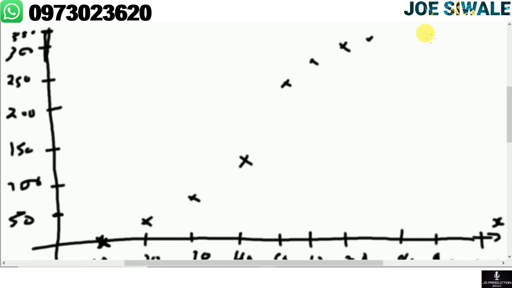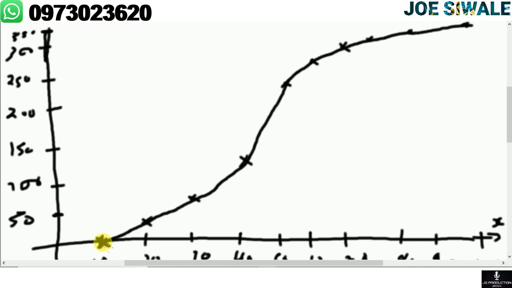So 90, 345. Then the last one, I have 100, 350. So 100, 350. And to draw my curve, I'll just connect the points. So that means I've drawn my cumulative frequency curve.